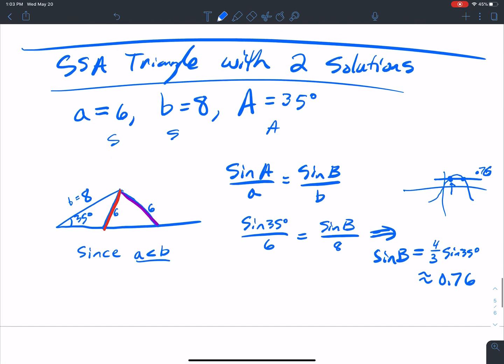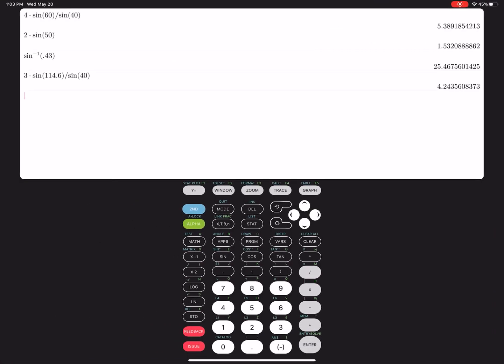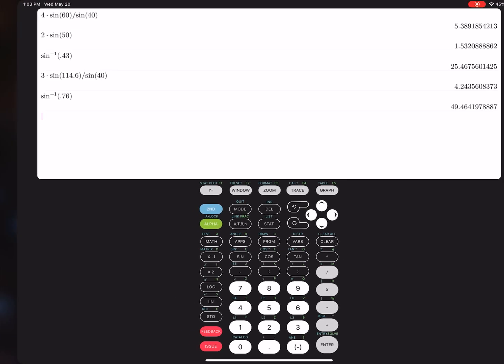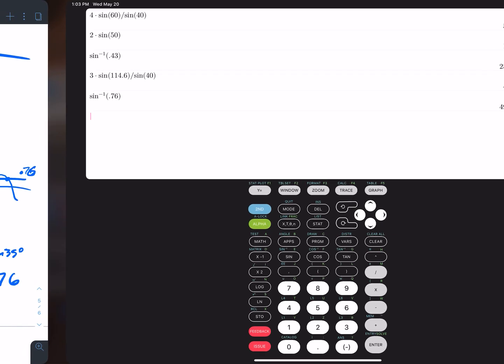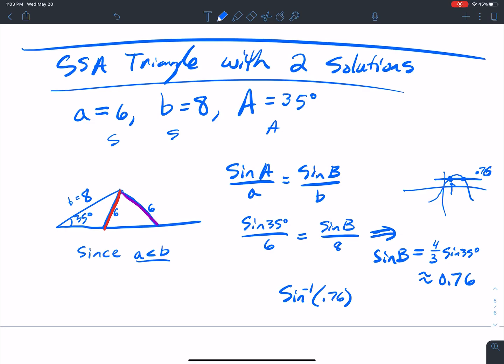So that first place, if I do sine inverse of 0.76, what do I get? Sine inverse 0.76, 49.9 degrees.